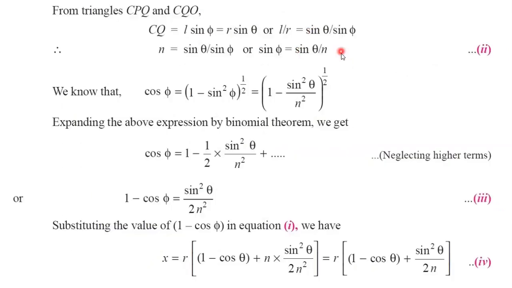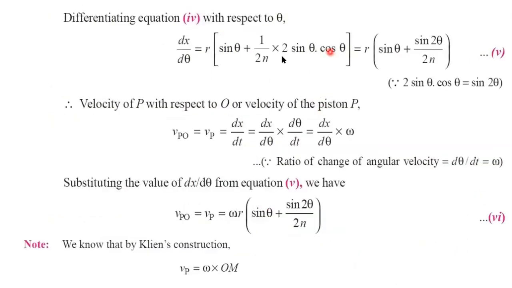Listen here, 1 by 2n is in the denominator, it's a constant. So after differentiating we have, and 2 sin theta cos theta can be written as sin 2 theta, which is a trigonometric formula. So write sin 2 theta. Finally dx by d theta is equation 5: R times (sin theta plus sin 2 theta by 2n).